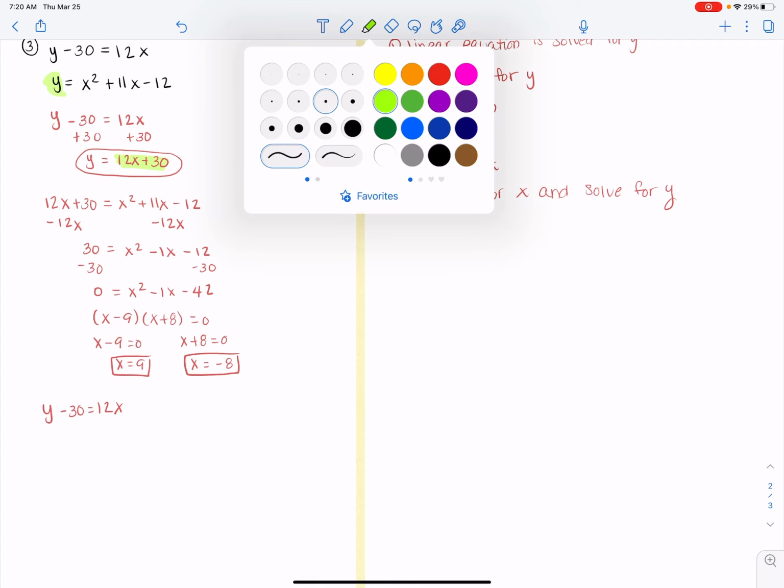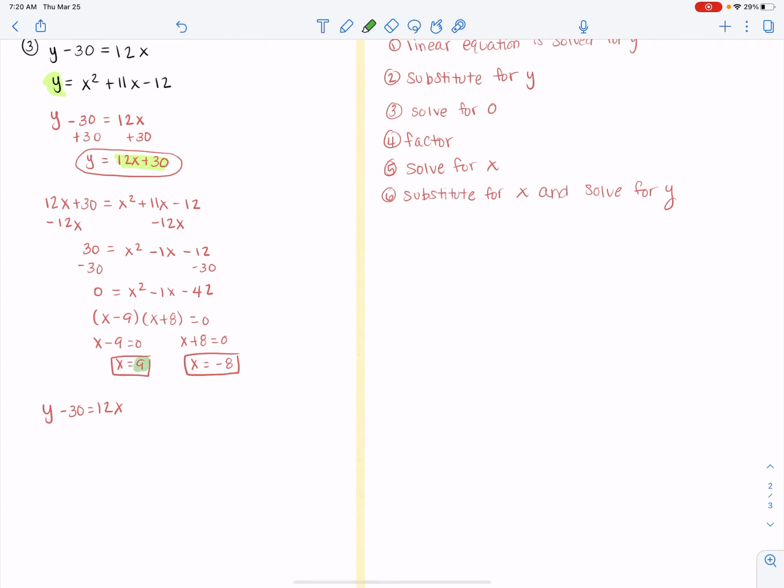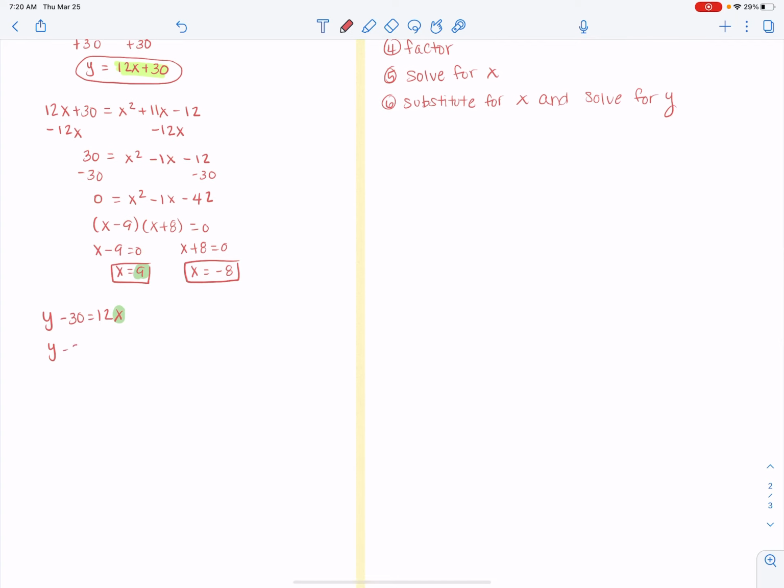I know that x is 9, so I'm going to substitute 9. So y minus 30 equals 12 times 9. So y minus 30 equals 84. Add 30. y equals 114. So I know that these two equations will intersect where x is 9 and y is 114. But now we're going to use the negative 8.